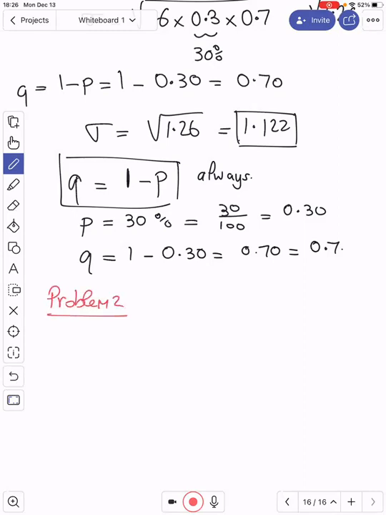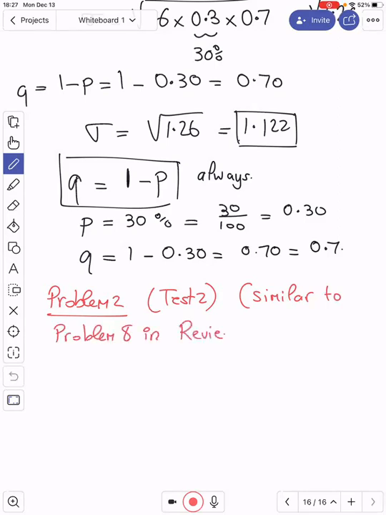So this is problem 2 in the test, and in the review sheet it is problem 8. So this is similar to problem 8 in the review sheet. I can do problem 8 in the review sheet or problem 2 in the test.